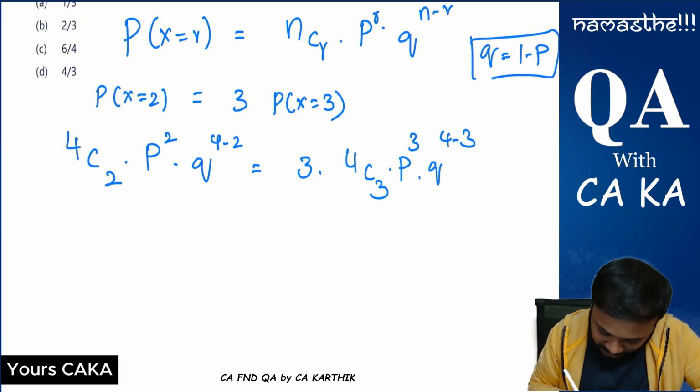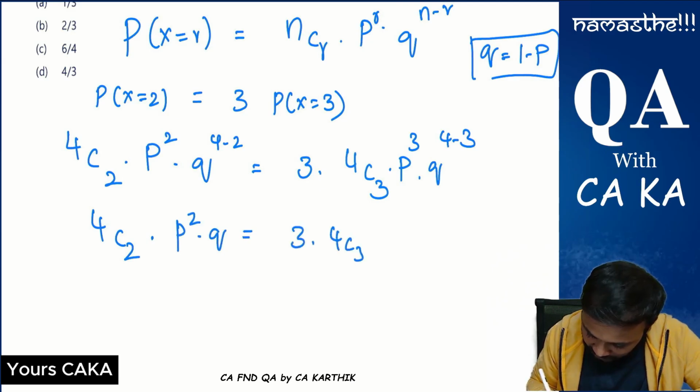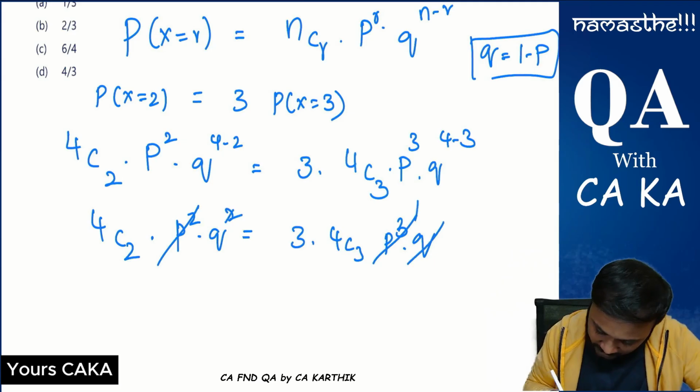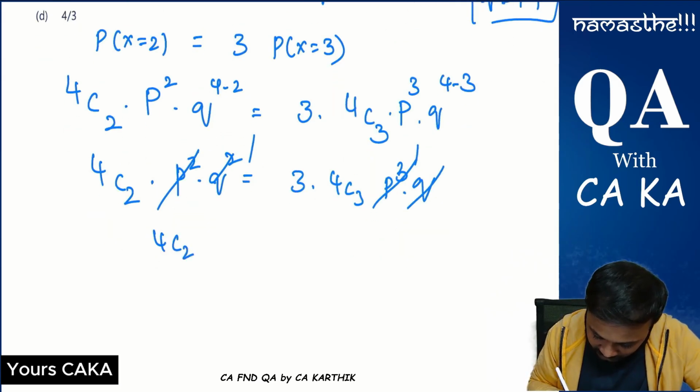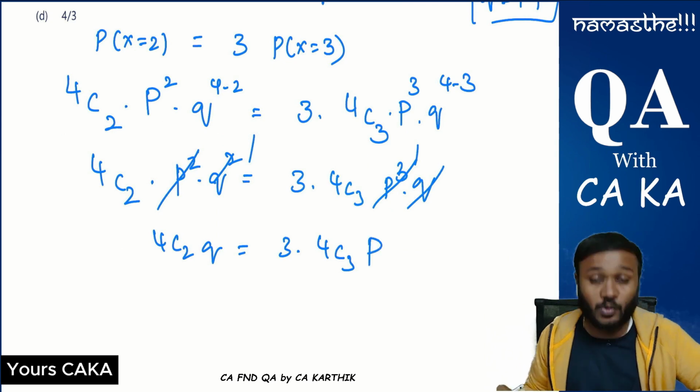If you solve, 4C2 p square q is equal to 3 into 4C3 p cube q. Cancel common terms: p square cancels, leaving one p, and q to the power 1. So it's 4C2 q is equal to 3 into 4C3 p. This is what we are left with.